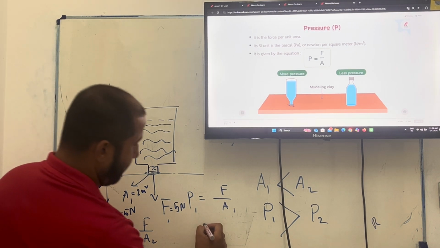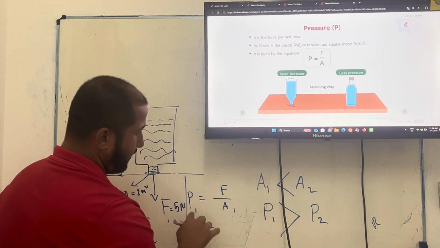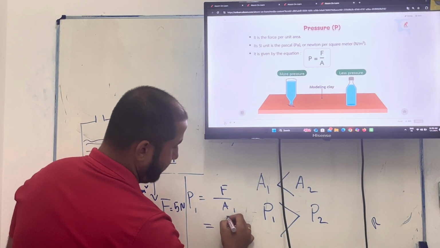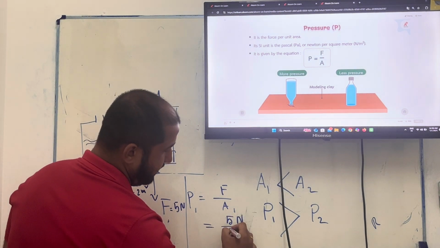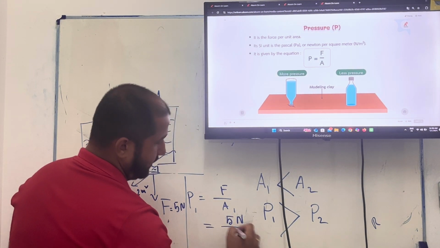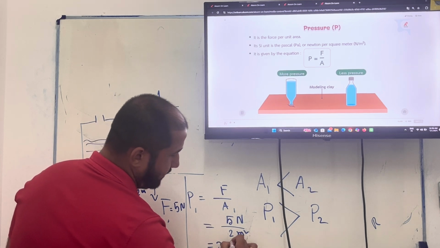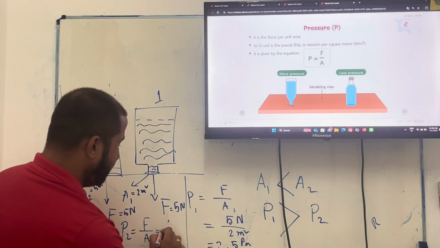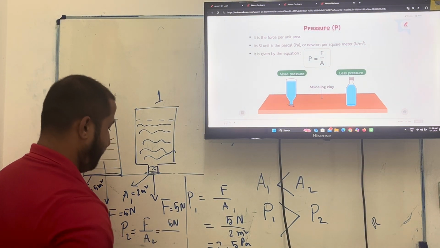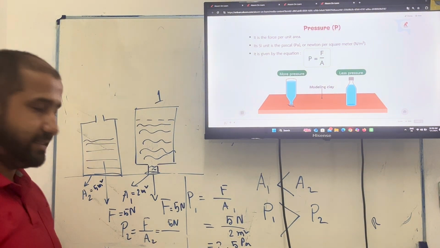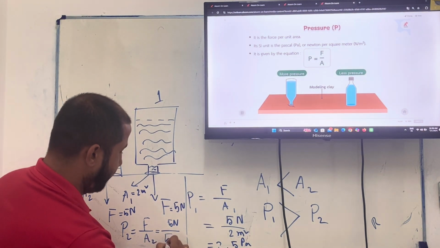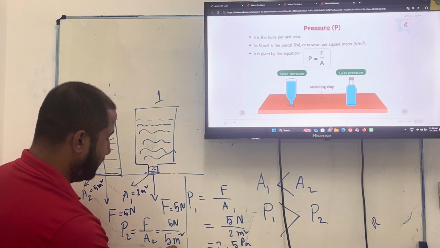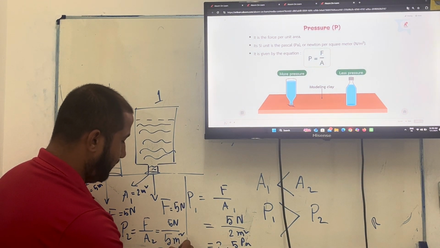Then what will be the formula? According to the formula, the pressure exerted by the bottle 1 will be force 5 Newton divided by area. That means 2.5 Pascal. In the other case, the force is the same, but this time it is a much bigger area. So the amount of pressure it will exert will be 1 Pascal.